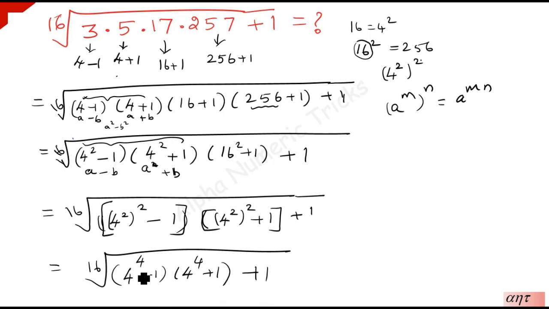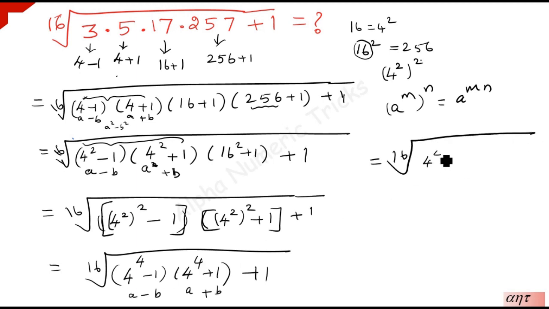Here also, this is our A and this is our B, and this is our A and this is our B. So A minus B times A plus B. So you can apply the A squared minus B squared formula. This is equal to the 16th root of, what is A squared?